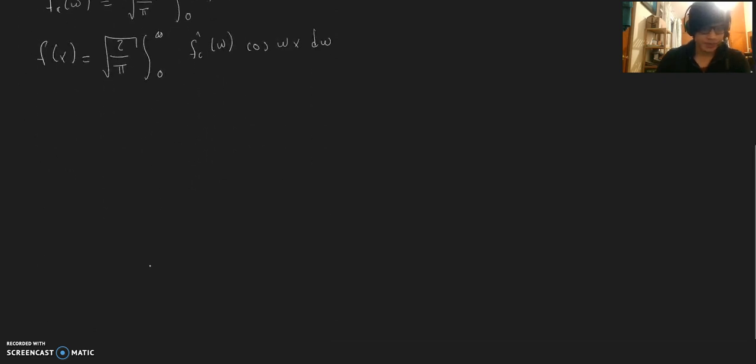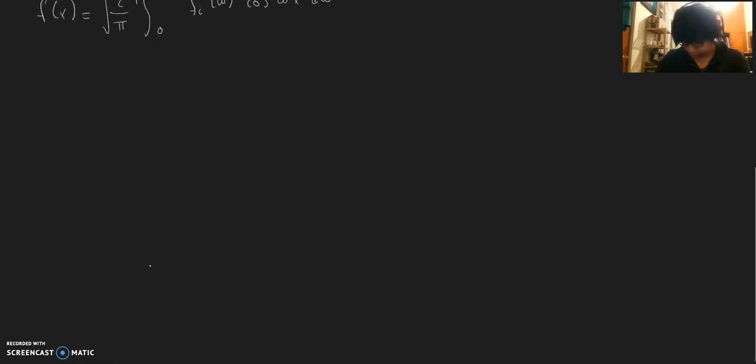Similar to this, we can obtain the Fourier sine transformation, setting B(w) equal to the square root of 2 over pi times F_s(w).